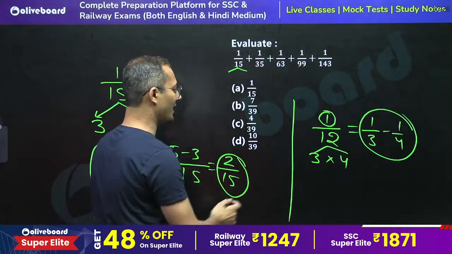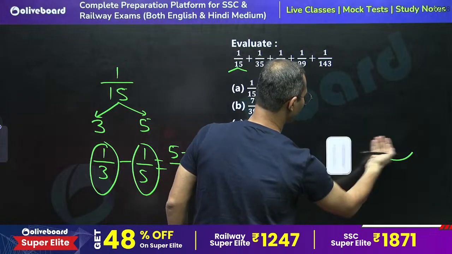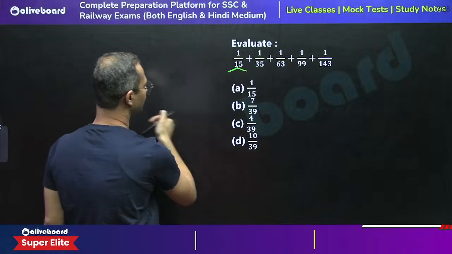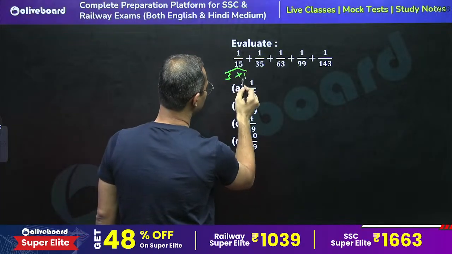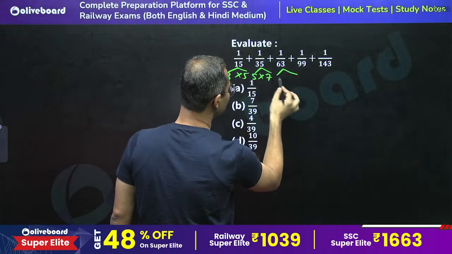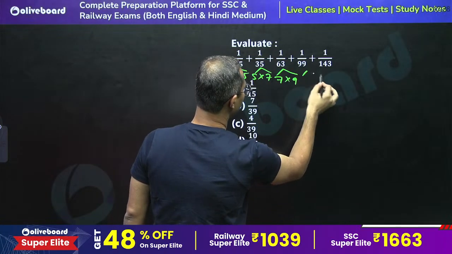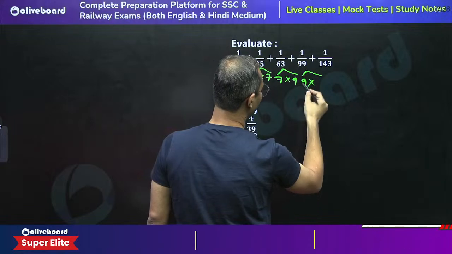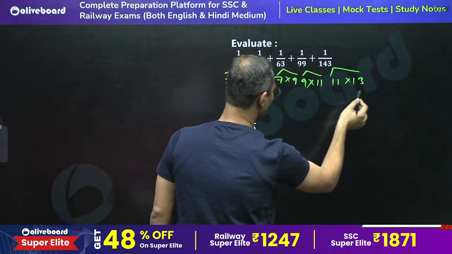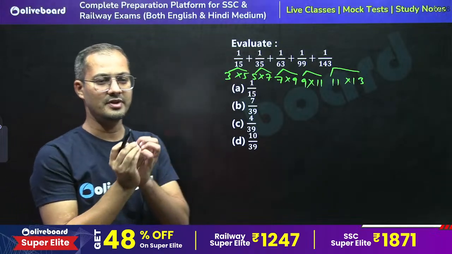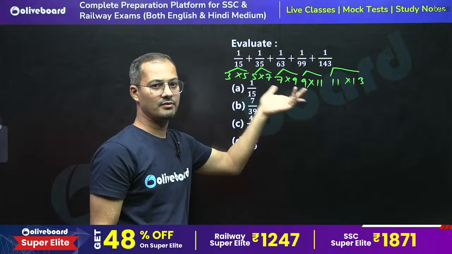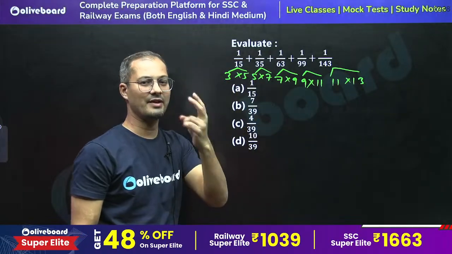I can split the denominator number in two parts, like 3 into 5, 35 can be split as 5 into 7, 63 as 7 into 9, 99 as 9 into 11, and 143 as 11 into 13. In all, each pair of factors of each denominator has a difference of 2.